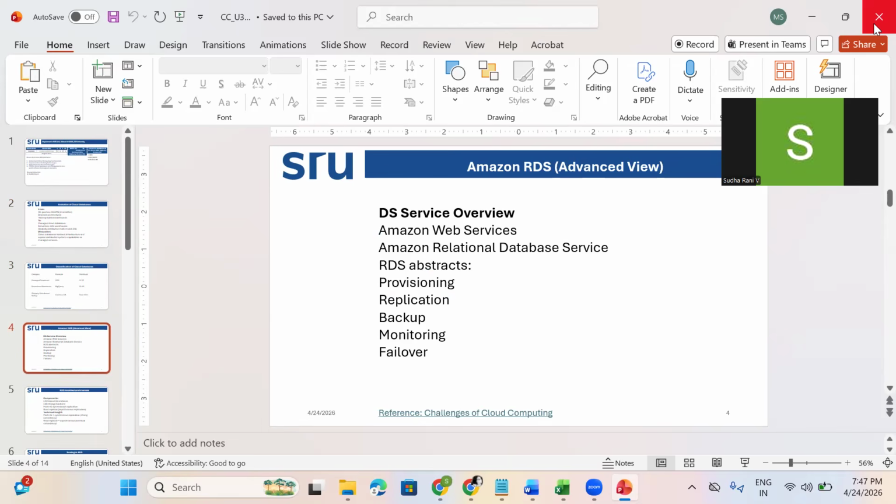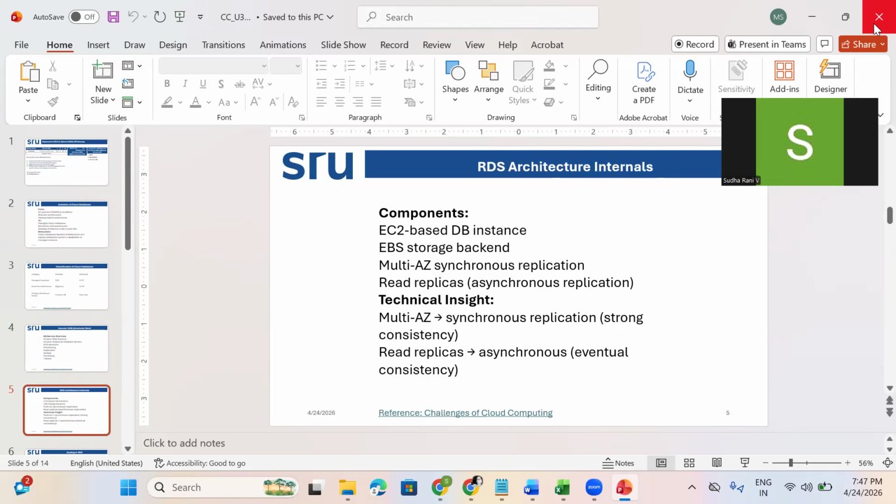Amazon RDS, advanced view. Service overview: Amazon Relational Database Service, RDS, abstracts provisioning, replication, backup, monitoring, and failover. These are some of the characteristics of Amazon RDS. RDS architecture internals: components like EC2-based DB instance and EBS storage backend, multi-AZ synchronized replication, and read replicas with asynchronous replication.